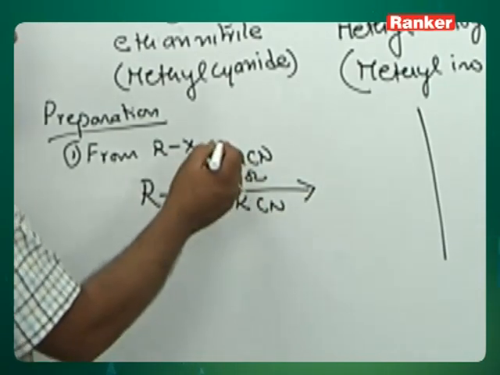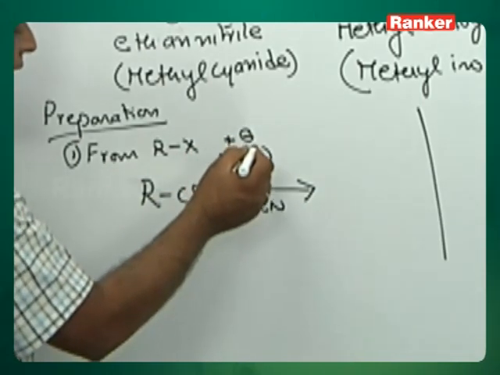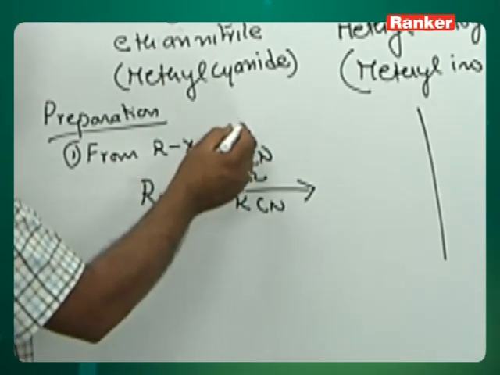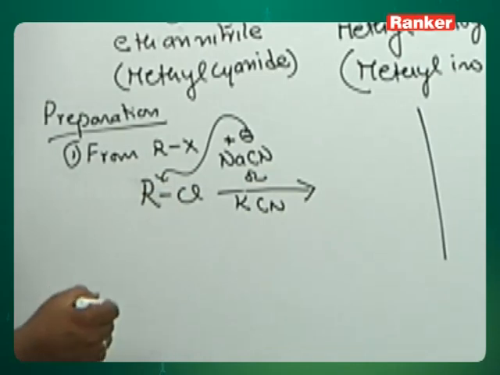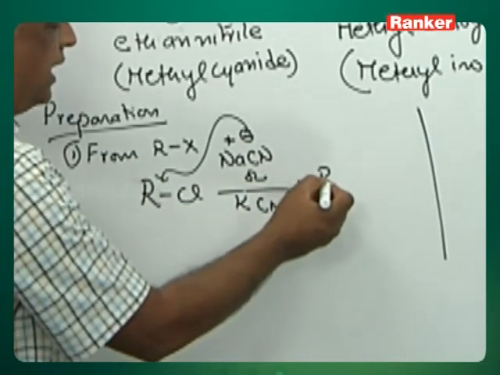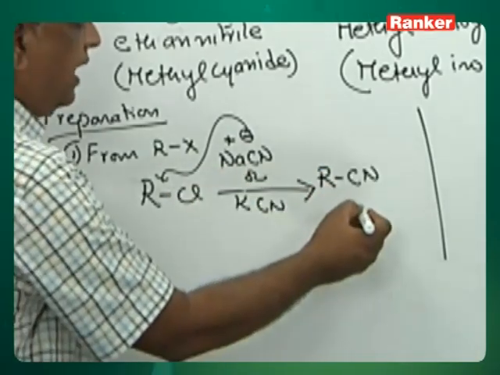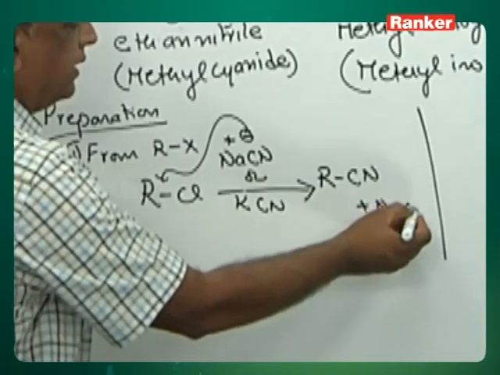In both cases, Na will be plus, the carbon will have a minus charge, and the triple bond will be there. The minus carbon undergoes nucleophilic substitution and substitutes the Cl, and you will get R with the cyanide. Na and Cl go out as NaCl as a byproduct.